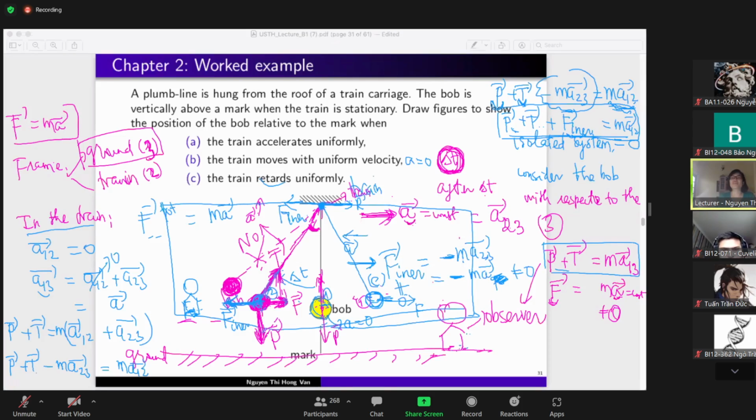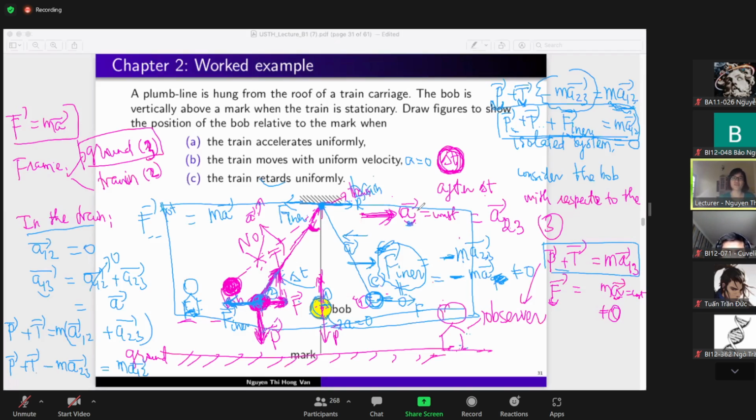On the motorbike, okay? Initially the motorbike is at rest. And then if you accelerate, you are pushed like this, because in this case the inertial force is opposite to the direction of the acceleration, so it acts on you to the back. That is why you feel someone hit you and push you to the back, because that is the inertial force, opposite to the direction of the acceleration of the frame.